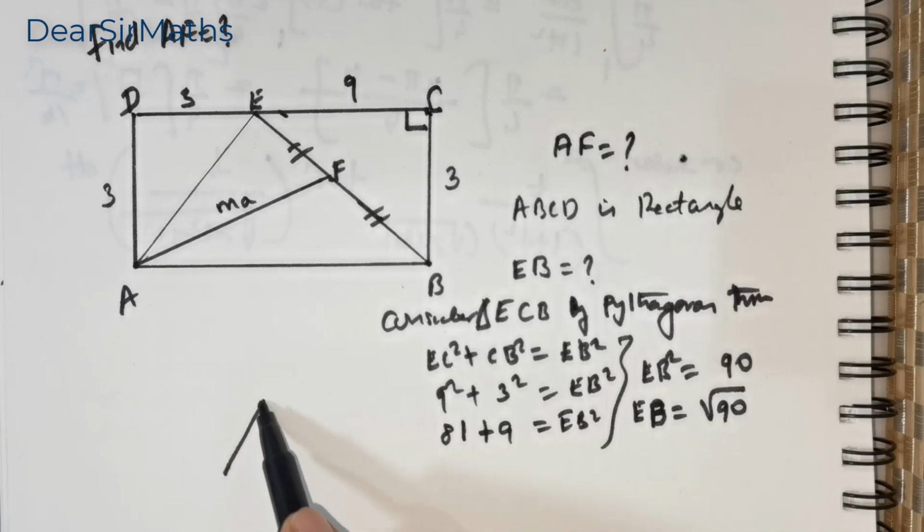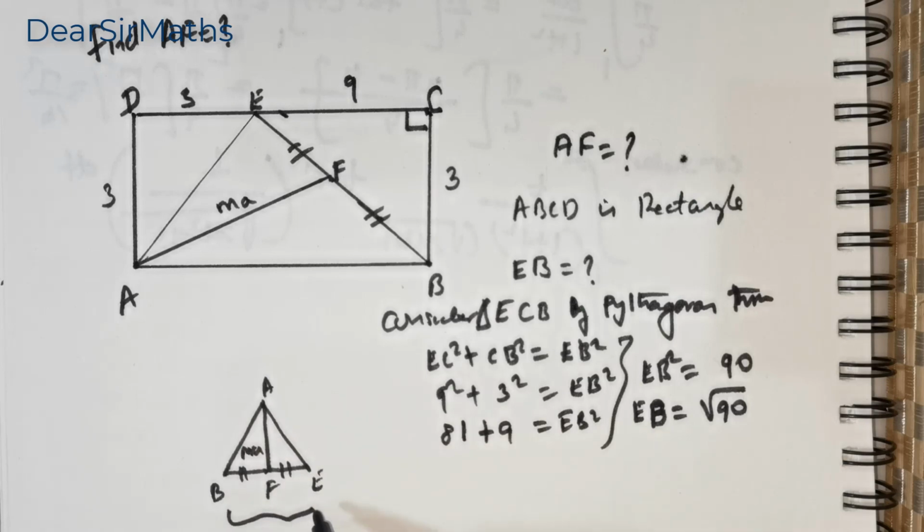So what is the formula we have studied? If this point is A and this point is B, and let this be F, let this be E, and you got this to be MA. These two parts are equal. Now this entire segment is going to be A units, this is B units, this is C units.